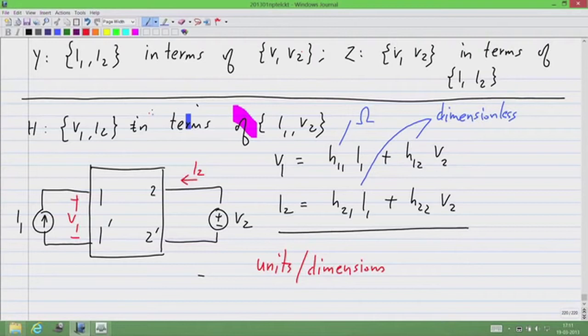And finally, what are the dimensions of H22? H22 multiplies V2 to give you I2. So what are the dimensions or units of H22?